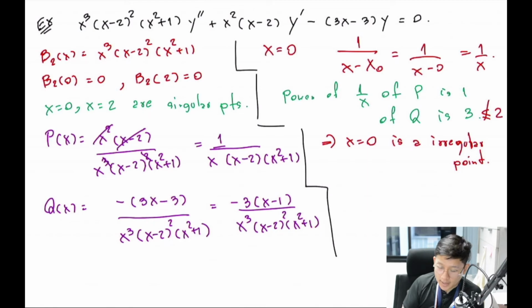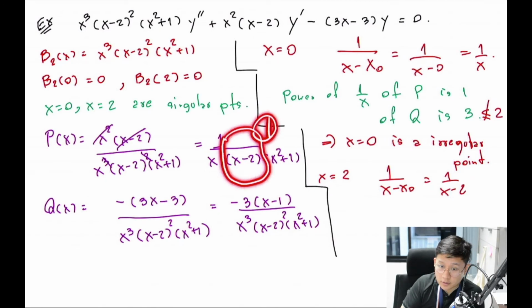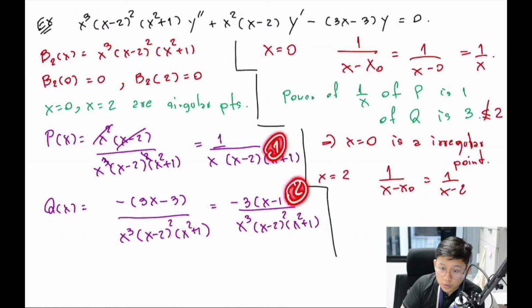Okay, and if we look at x equals 2, then 1 over x minus x0 will be 1 over x minus 2. Here, the power of 1 over x minus 2 is 1, and in q the power of 1 over x minus 2 is 2. See, you have a little 2 here.